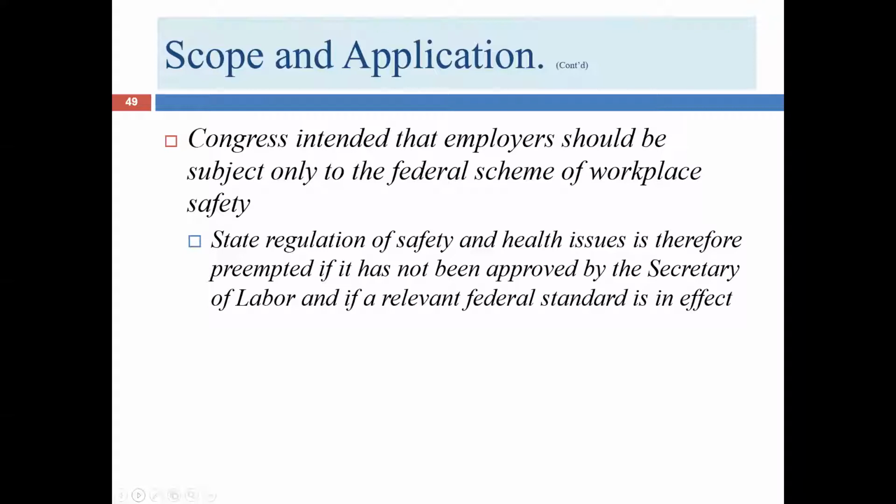But state entities are only able to act if the federal government gives permission to put differing or more stringent standards in effect. Congress basically made a compromise and said, listen, we want to have one system of protection for all American workers. We don't want people in one state to be less protected than people in another state.